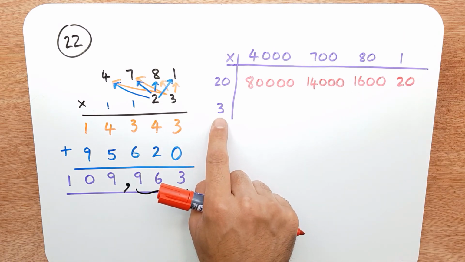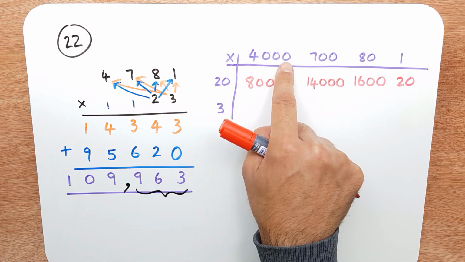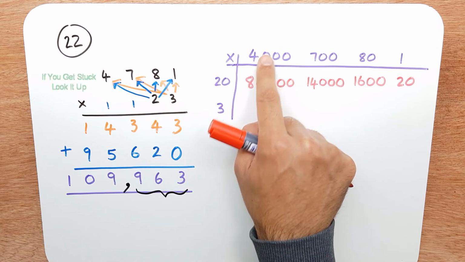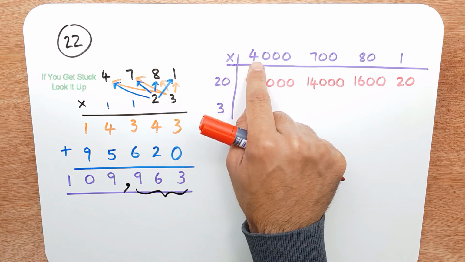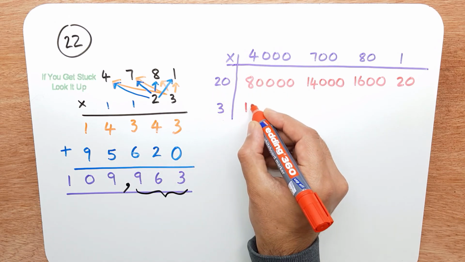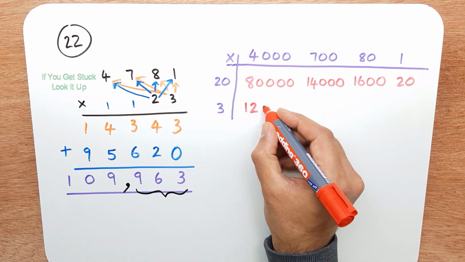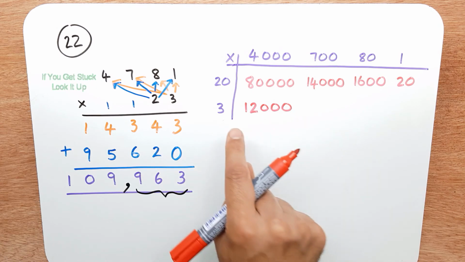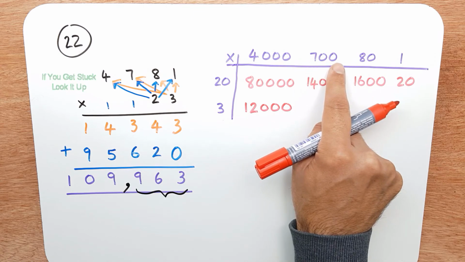Right, moving on to this, we have 3 times 4,000. As before, we can hide the 3 zeros and simply do 3 times 4. That is 12. And now we bring these 3 zeros back. Now we do 3 times 700.